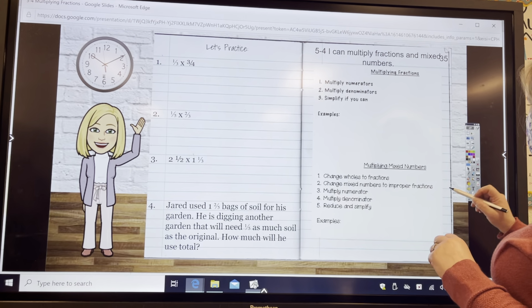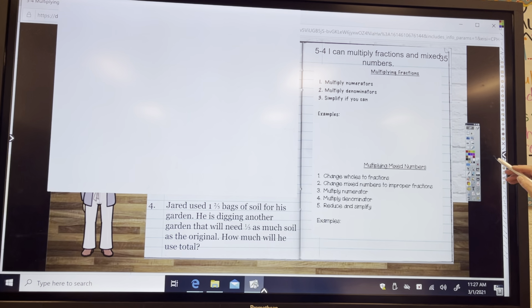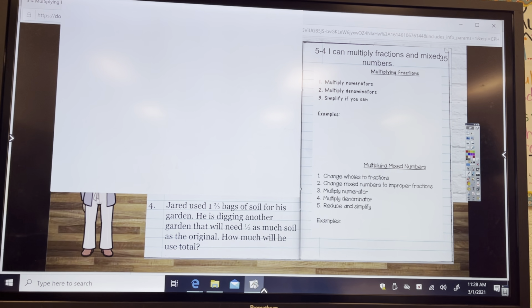Okay, so we're here. Let's talk about Jared for a minute. Jared used 1 2/5 bag of soil for his garden. He is digging another garden that will need 1/5 as much soil as the original. How much will he use total? So the new garden will use 1/5 of the original.